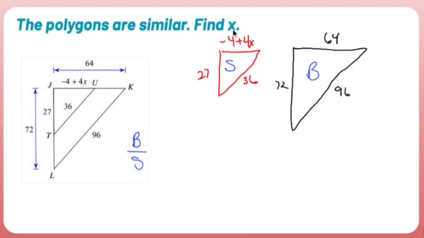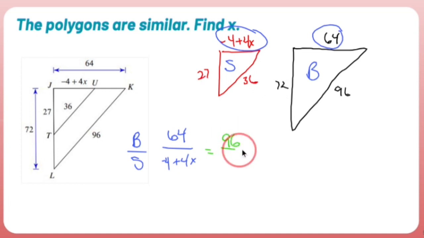First off, I definitely have to find x. So if I'm going to compare the big over the small, I first start out by comparing 64 over negative 4 plus 4x. Definitely have to do that first. Now, if you're wondering, all right, so what other sides do I do? It doesn't really matter. I could do 96 over 36 or 72 over 27. It doesn't matter. So I'll do 96 over 36.